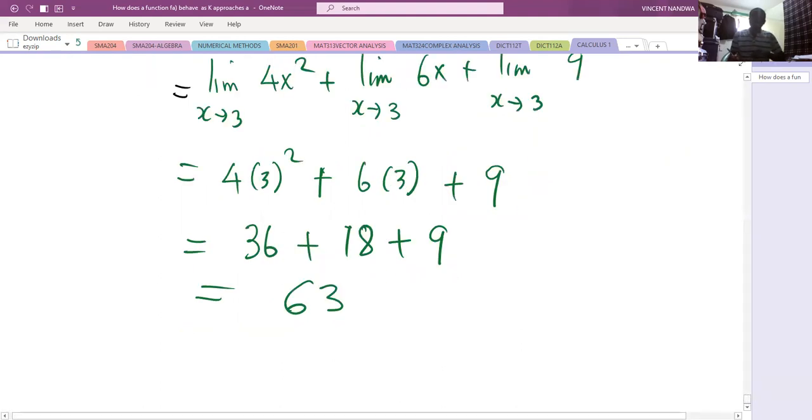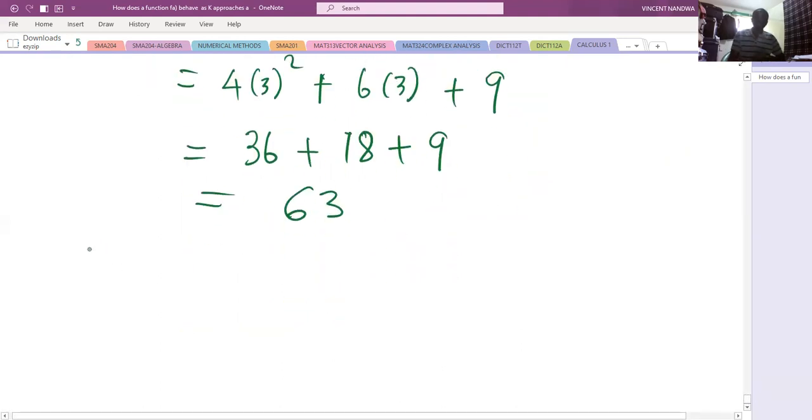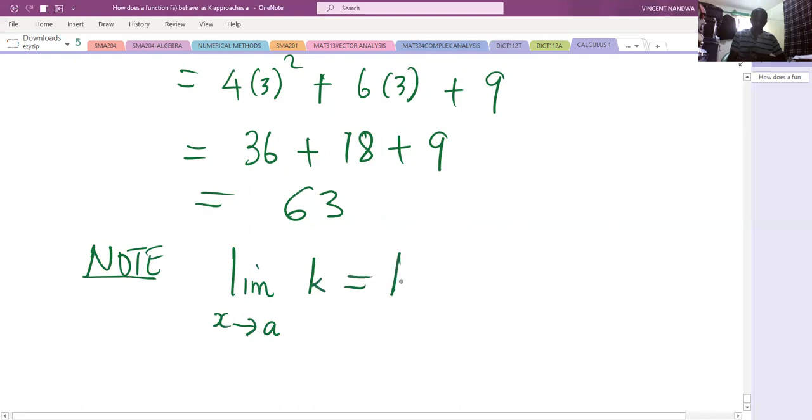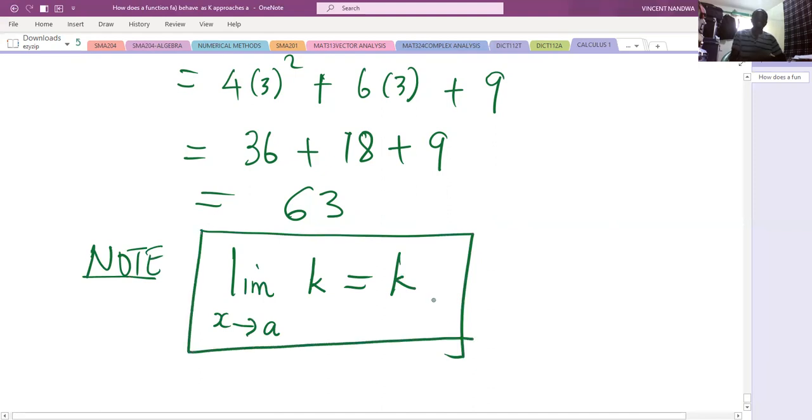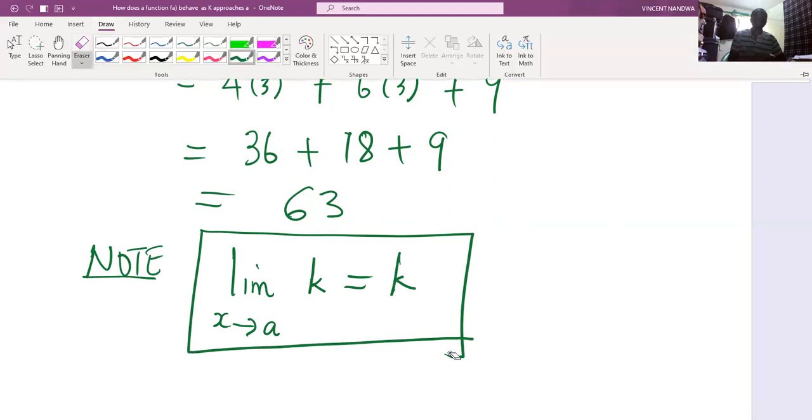One thing you have to note from this, which works in general: the limit as x approaches a of any constant k is always the same as that constant. Whatever the value of a you put there, the limit of a constant is the same constant, regardless of where you're approaching from.